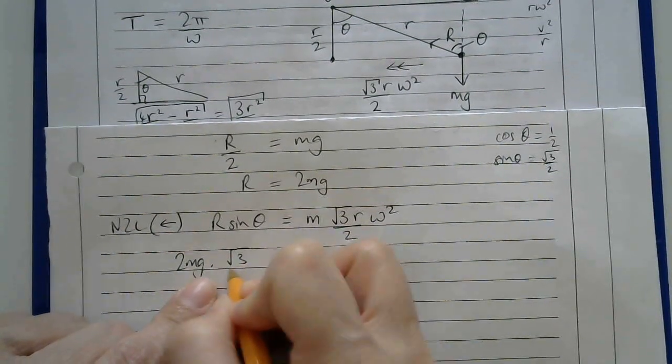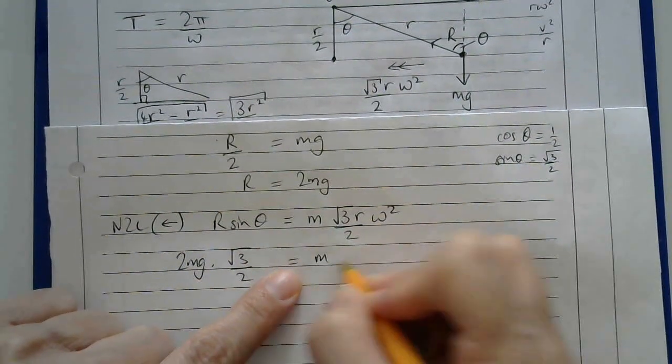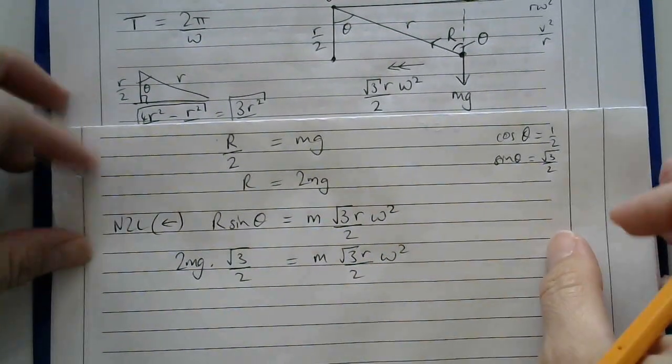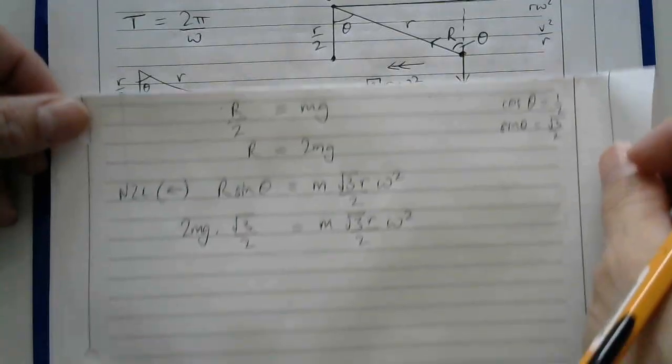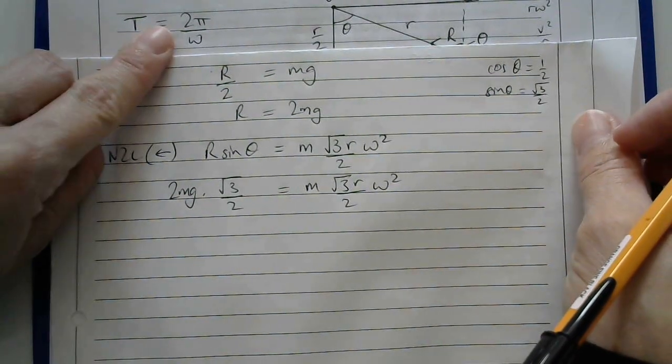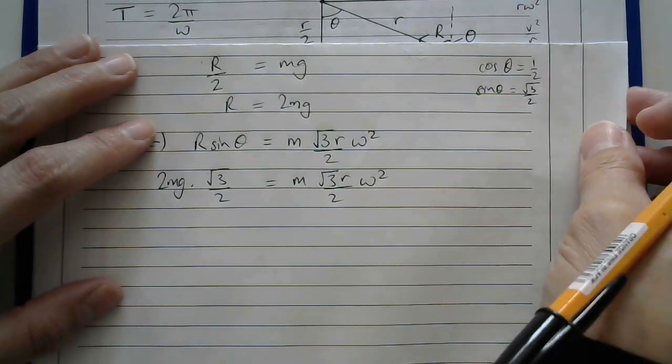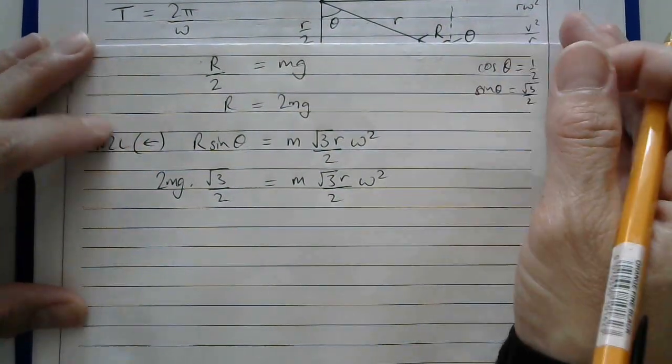So here I get root 3 over 2 times 2mg equals m root 3 r over 2 omega squared. Okay, so now I'm trying to get to omega so that I can pop it in here and get what t is, the time to do 1 revolution.